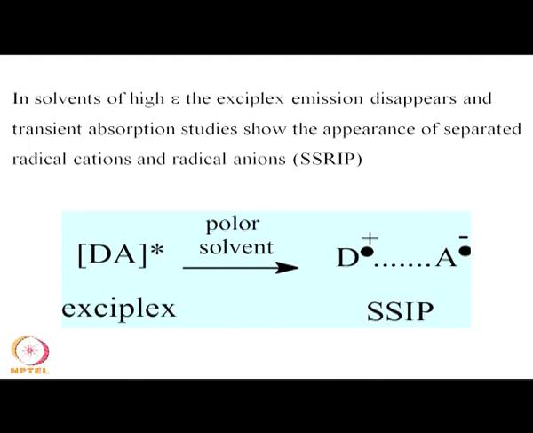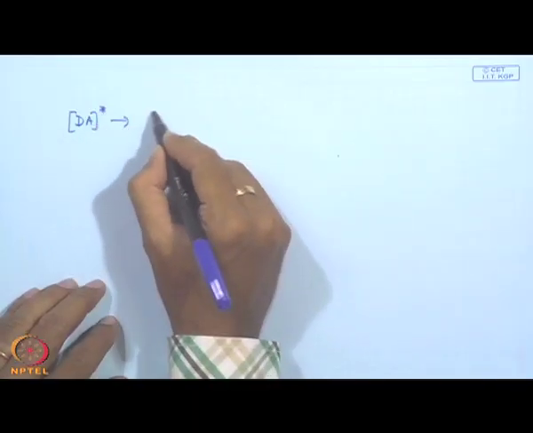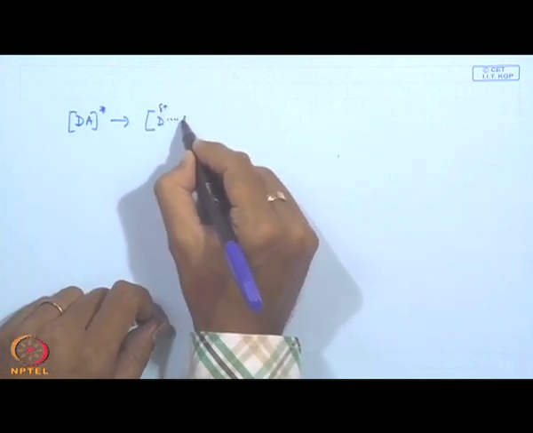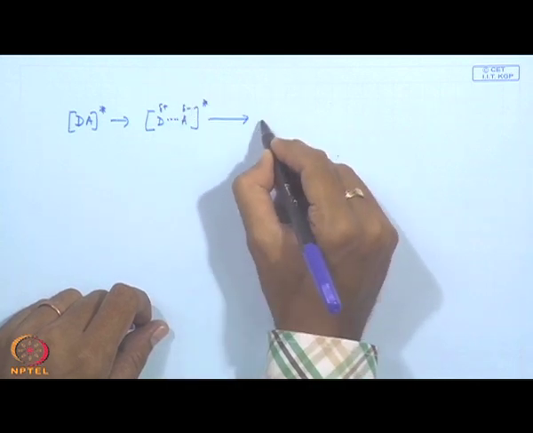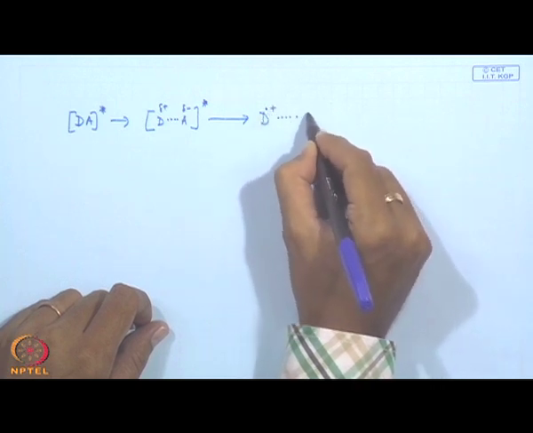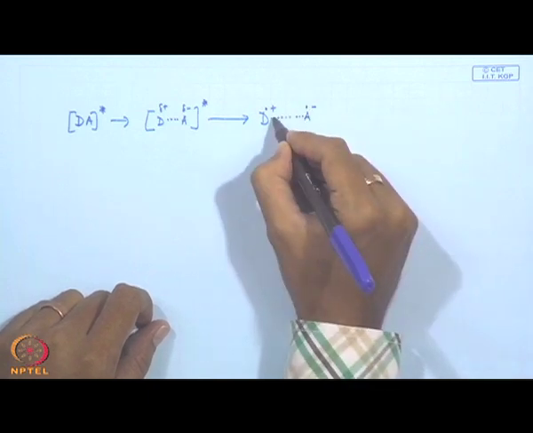The point is, let us think in this way: you have DA having a definitive charge transfer character, so it is D delta plus, A delta minus, then D dot plus, A dot minus, and they are much separated, that is, the distance increases.